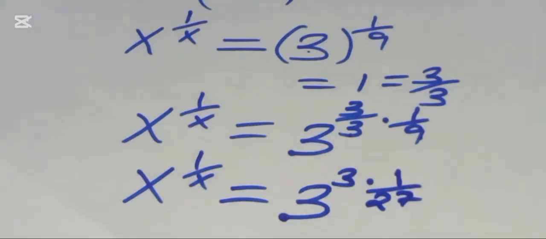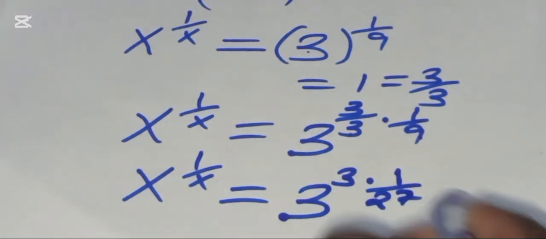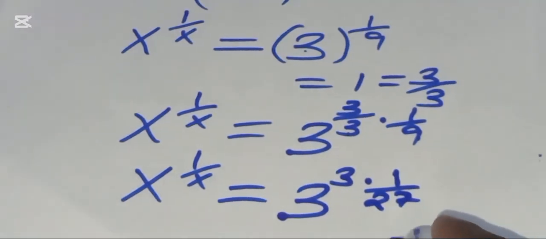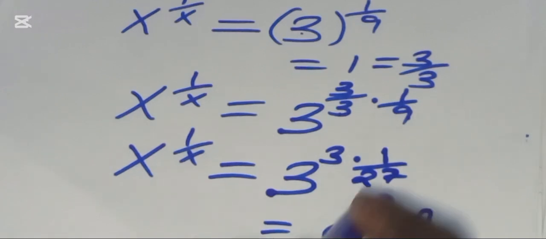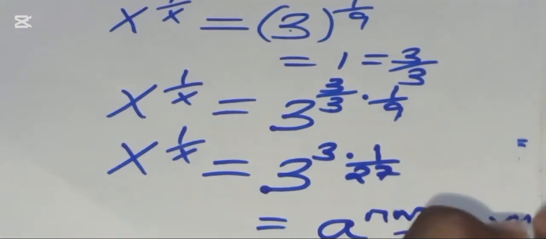All right. So applying the indices identity, a to power n multiplied by m, okay, this can be expressed as a to power n raised to power m. Okay.